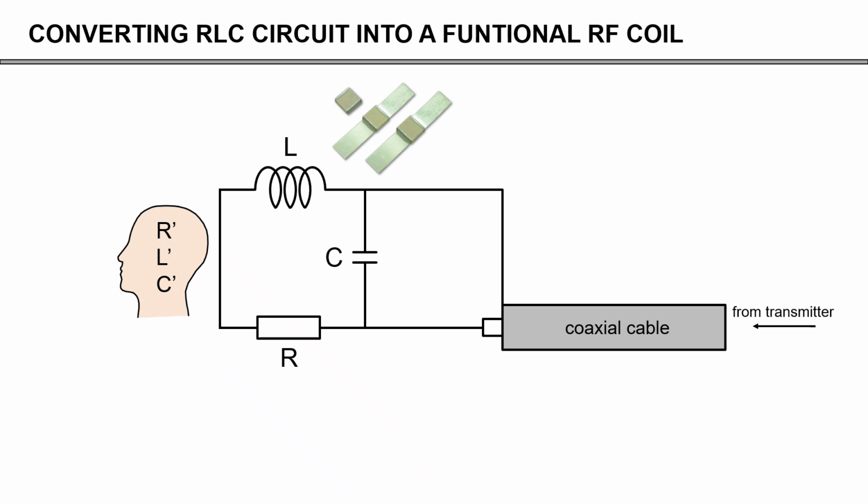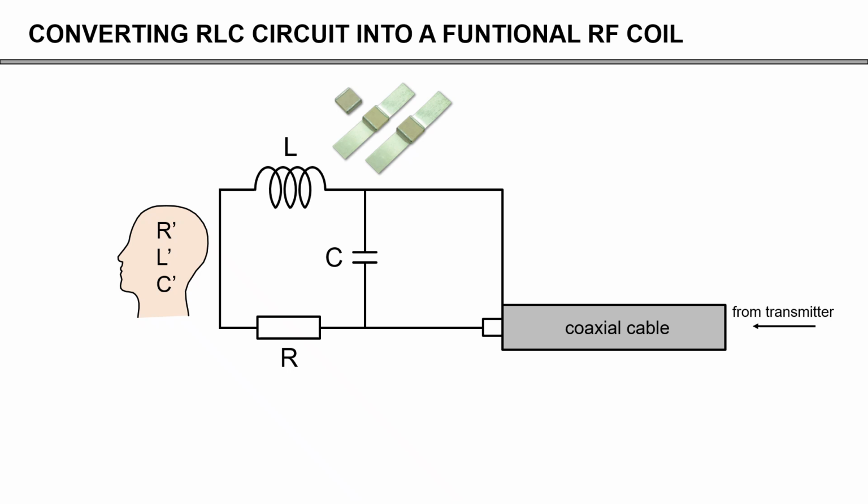Now, it turns out that it is important that the impedance, or the resistance, if you want to call it that way, of this circuit is the same as the impedance or resistance of the rest of the system. Now, the rest of the system is at 50 ohms, so ideally this would also be at 50 ohms.